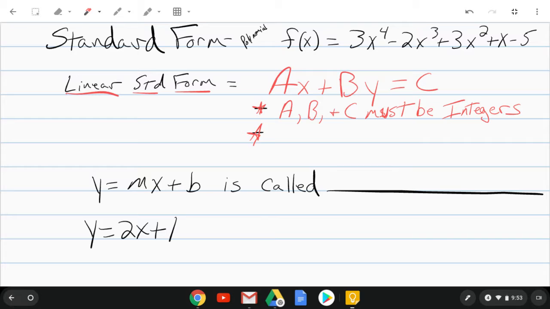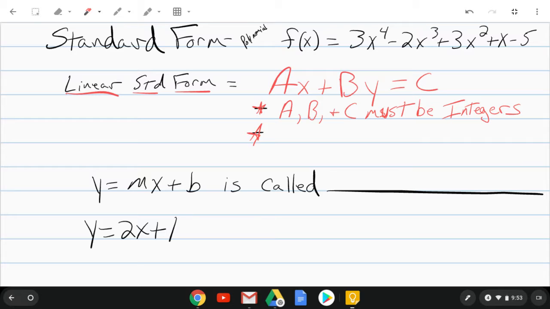Good. They're all the positive and negative whole numbers. Integers is just a cool word that says positive and negative whole numbers. No fractions, no decimals. We don't like fractions and decimals, right? So we should like integers. So A, B, and C have to be integers, so there's not going to be any fractions or decimals in there.